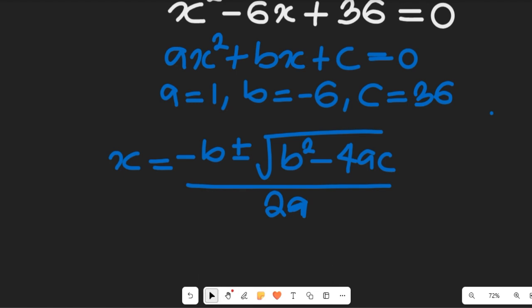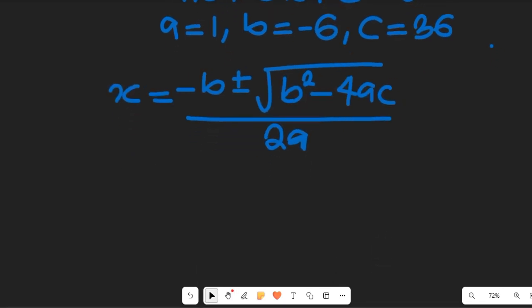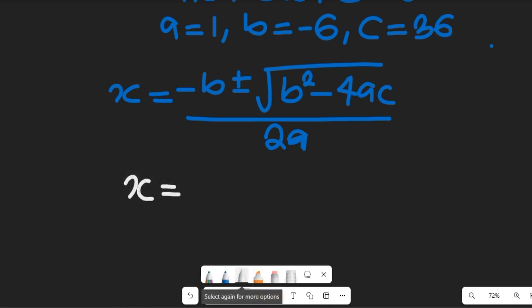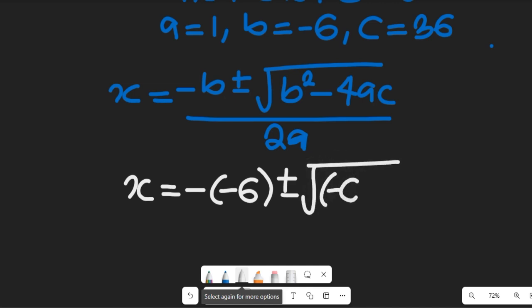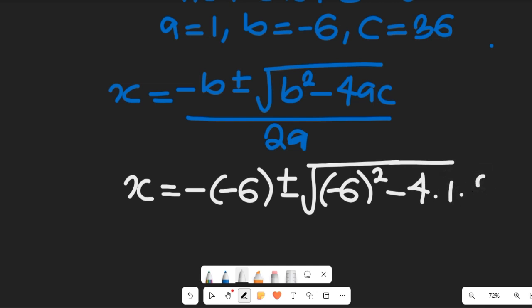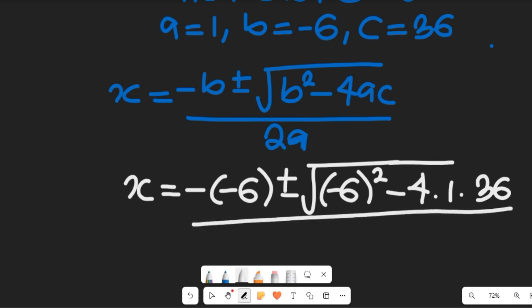So if we insert the values of a, b, and c in that expression, we'll have the value of our x to now be equal to negative multiplied by negative 6 plus or minus the square root of negative 6 squared minus 4 multiplied by 1 multiplied by 36, and all of these will be divided by 2 multiplied by 1.